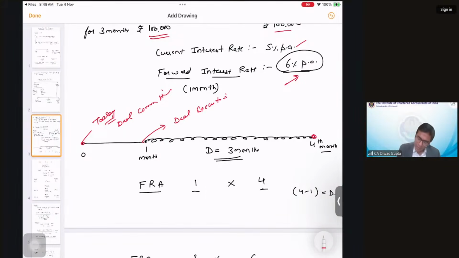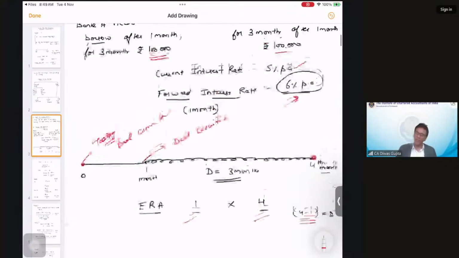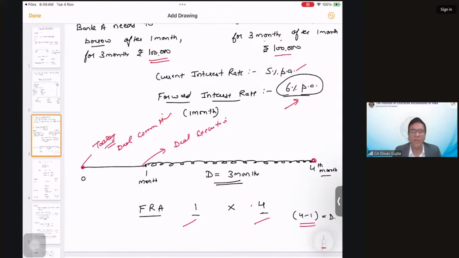So this is denoted by FRA 1 by 4. So 1 means after 1 month the deal is starting, and it will go up to the fourth month from today because the duration is 3 months. If we subtract 4 minus 1, we get the duration, which is 3 months.